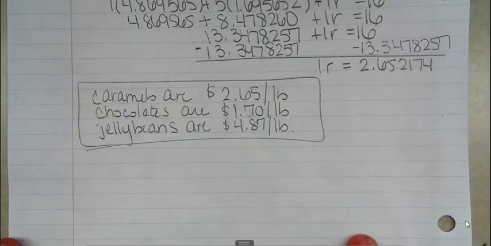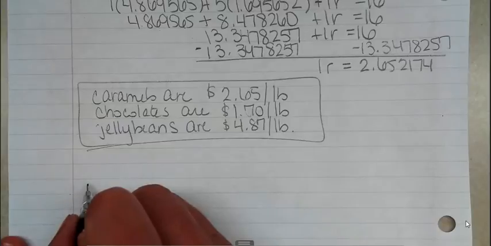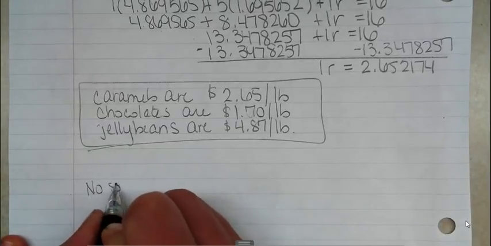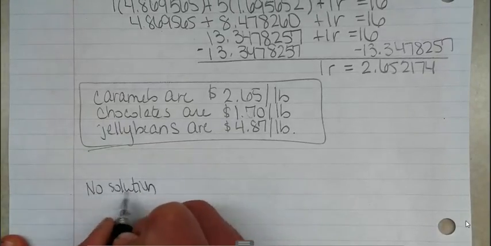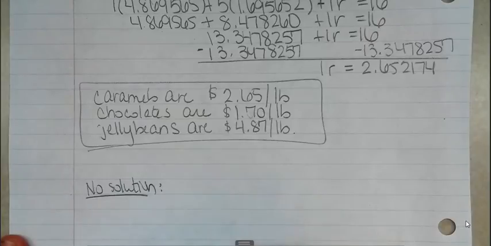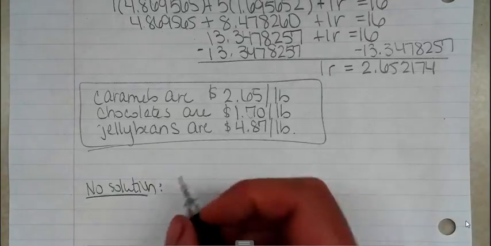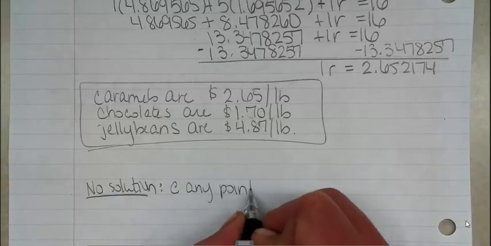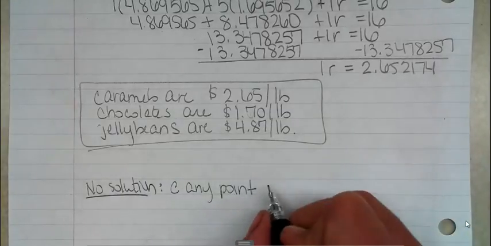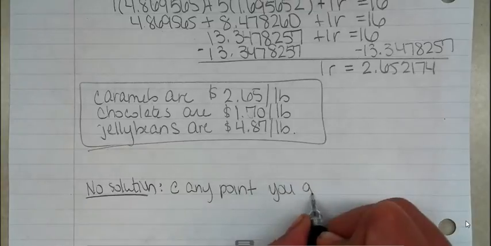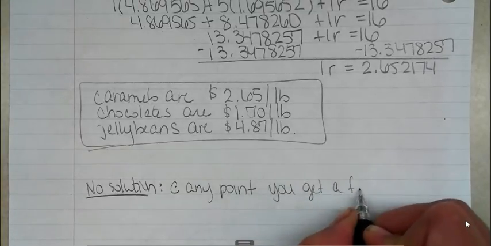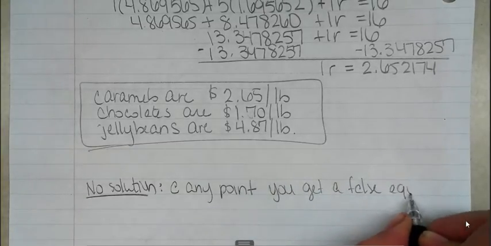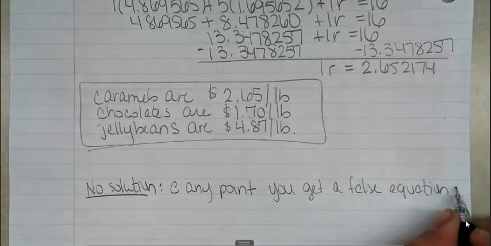So how do you know when you don't have a solution or when there are infinite solutions? You will have no solution if at any point while you're doing your combinations, you get a false equation, just like with two variables.